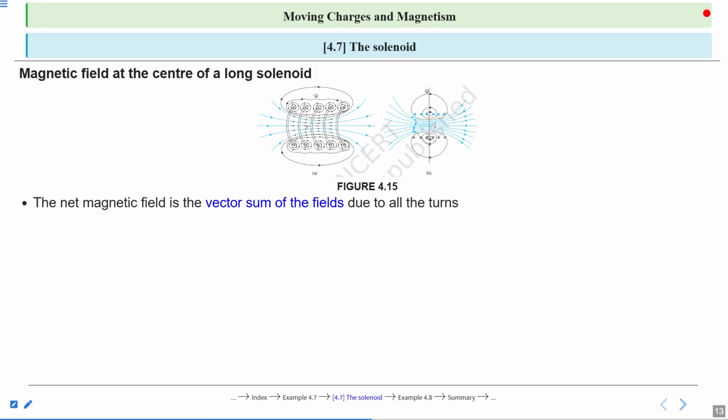Now you can see in this diagram there are loops of magnetic field due to the current flowing through it. The direction of these magnetic field loops can be found using the right hand thumb rule. You point your thumb in the direction of current, and the curl of your fingers will give the direction of magnetic field.